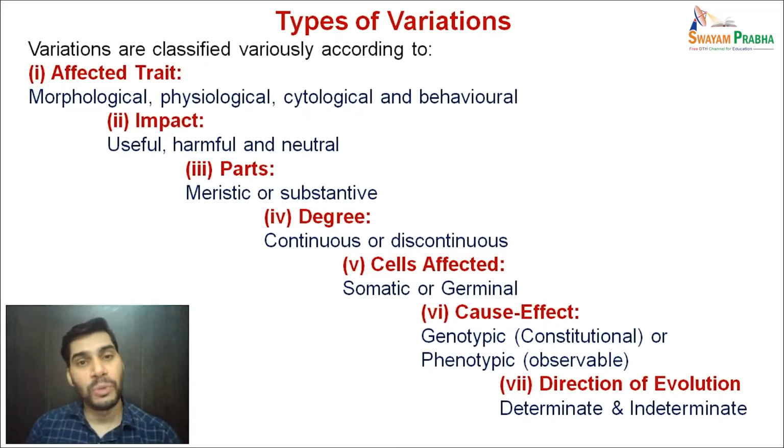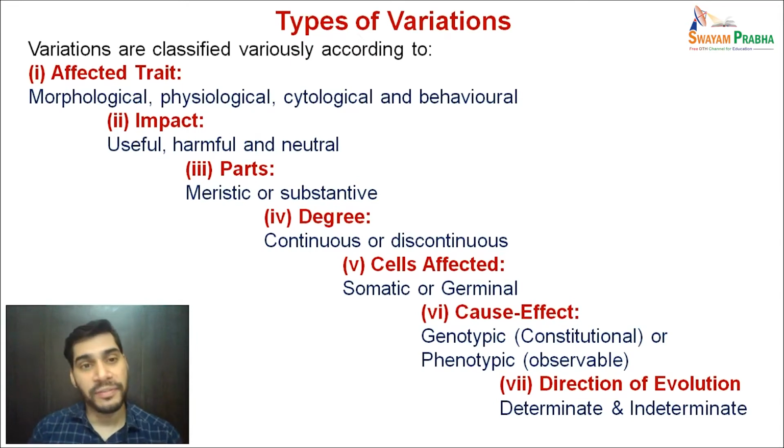Now, let us move ahead to discuss various types of variations. Variations can be classified according to different criteria. Depending on which parameter we are selecting, there can be different types of variations. For example, if we are talking about the affected trait, we can differentiate between morphological variation, physiological variation, cytological or behavioral variation, and so on. So there can be different types of variation depending on the traits being affected.